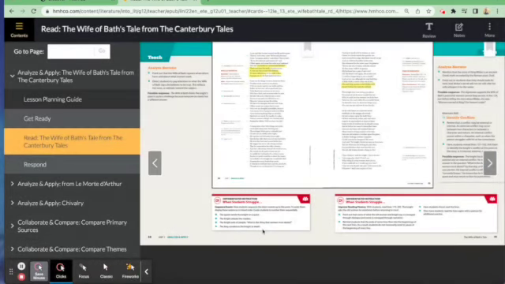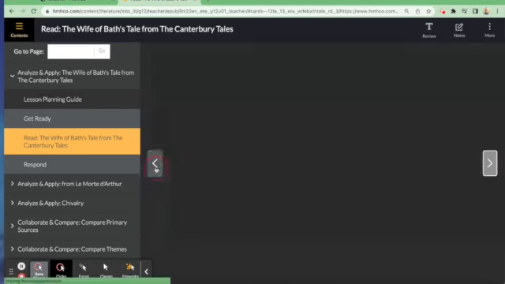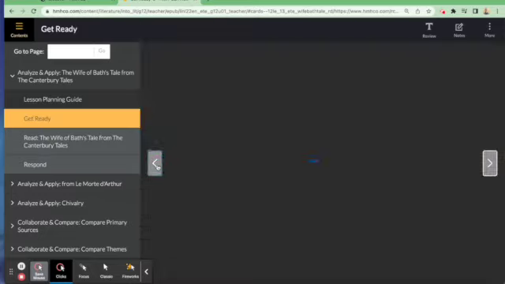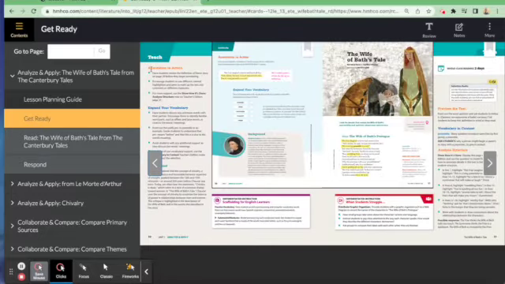The vocabulary features are highlighted, and there are some annotation strategies that are highlighted. Whenever you're looking at a lesson, to think about how you're going to make it come alive in your classroom, really just take some time to step back and look at all of the additional features that HMH has highlighted here alongside the text.